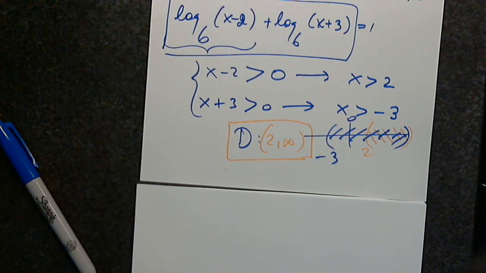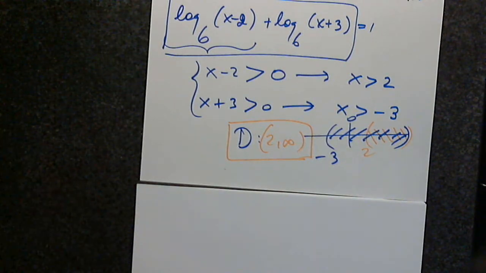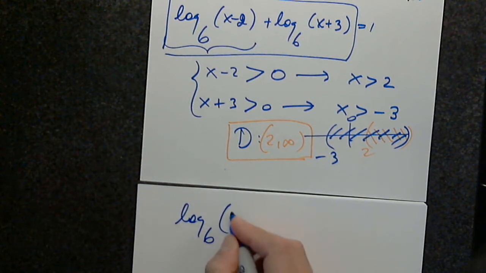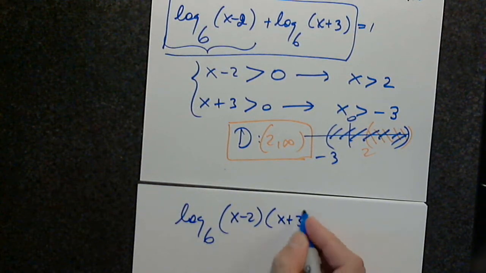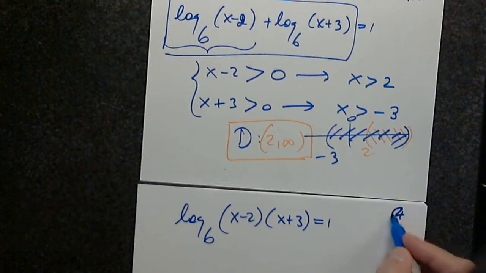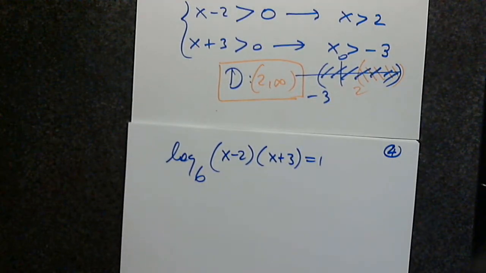How do we condense a sum of logs? It's log base 6 of the product. Log base 6 of x minus 2 times x plus 3. What is the next step?